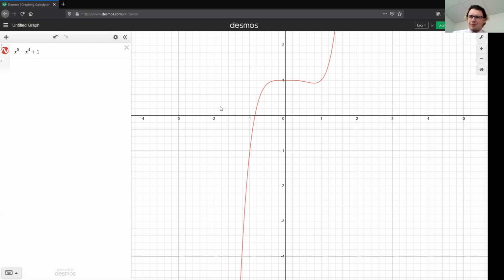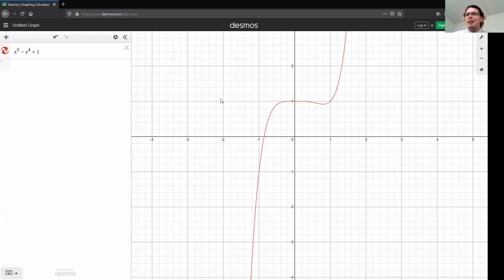So what we can do, and this is exactly the way that computers would work on this kind of problem. We just programmed this idea in for websites like Desmos.com. The idea is that this function is continuous, and I know it's continuous because it's a polynomial.